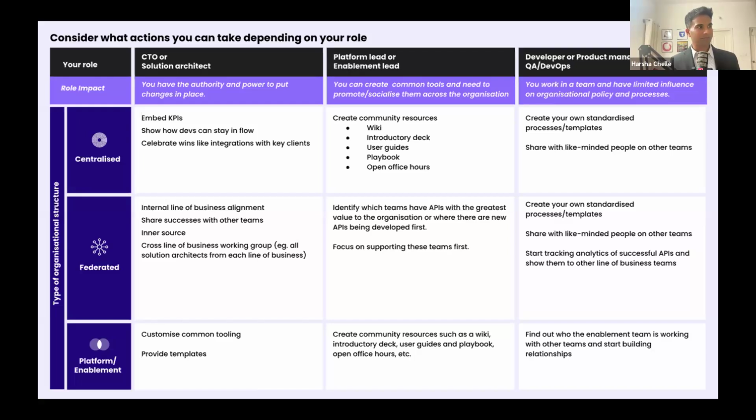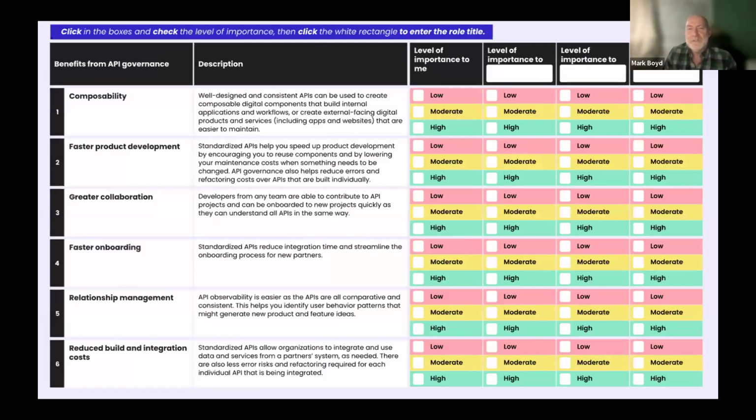That makes sense. Okay, cool. So the next thing to do was your organization structure, your role and who you can influence, but then getting down to who do you need to influence and what's the value? And this is where Dave's comments will come in handy, where he's got some of the reasoning in his comments in the chat, where he explains the value of API governance.